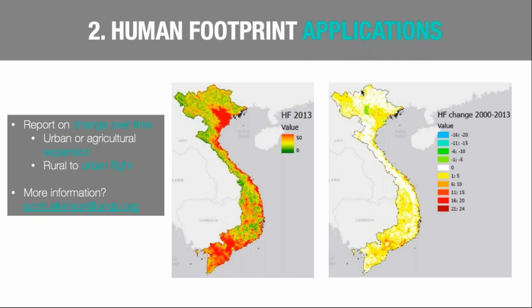They can also highlight areas where human settlements or cities are expanding into rural landscapes, or where agriculture may be expanding into natural environments. Also, these maps can be used to identify areas that are becoming more natural as people leave the landscape. Okay, next slide, please.